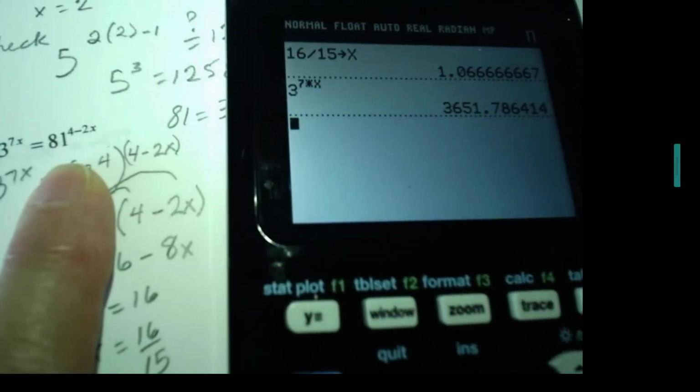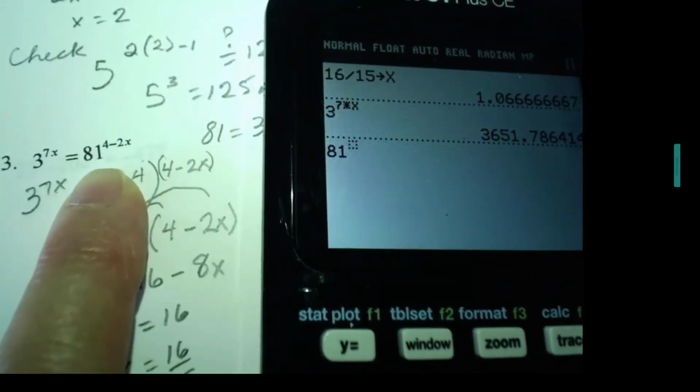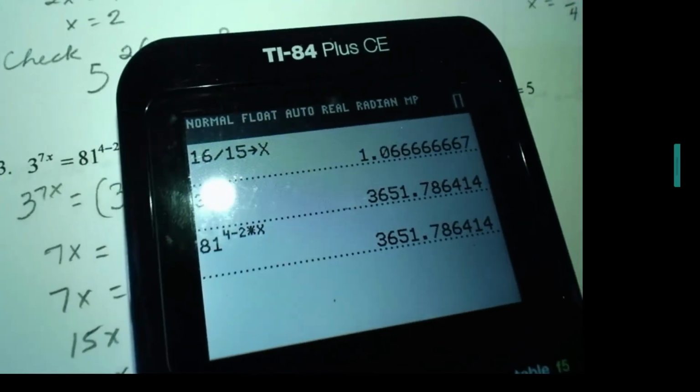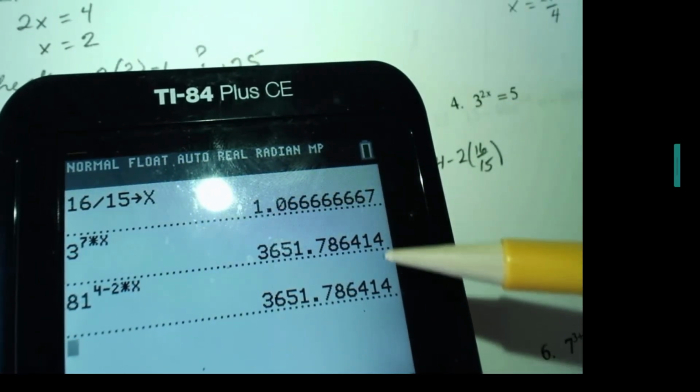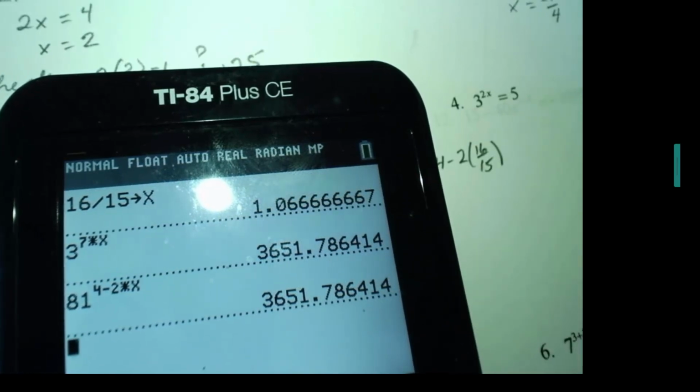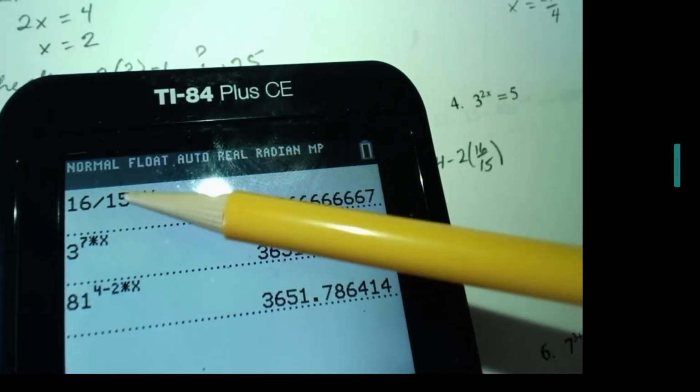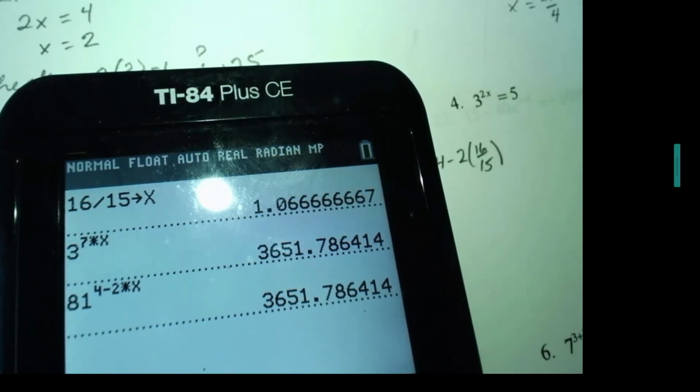And we'll see if these match. So I need 81, 4 minus 2 times x. Enter. Okay, so now notice how my two numbers match, which means we got the right answer, right? So 16/15 is x.